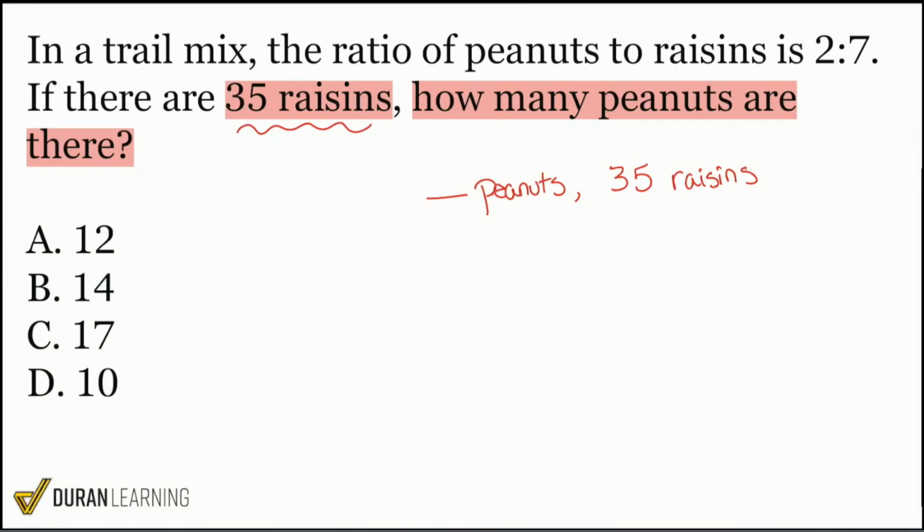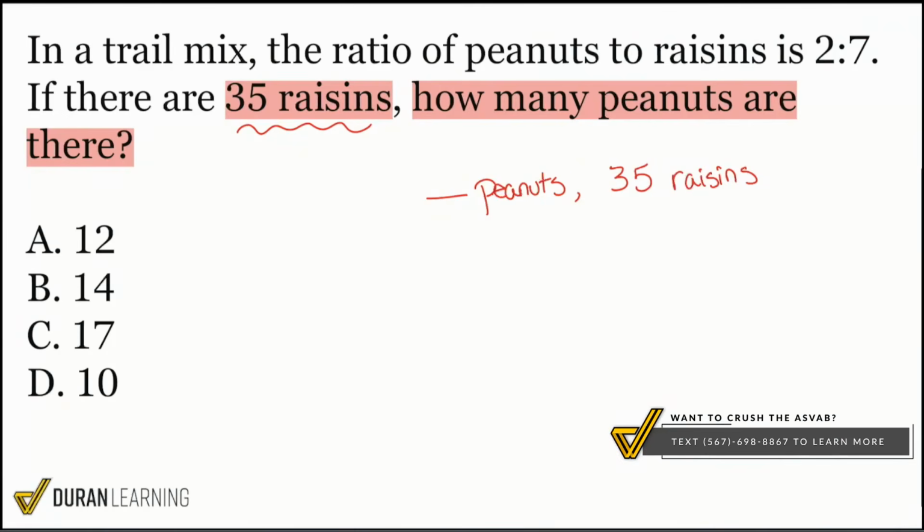Check this out. In a trail mix, the ratio of peanuts to raisins is 2:7. Okay, so I'm going to write this down here, and I'm going to highlight this in blue. Ratio of peanuts to raisins is 2:7.